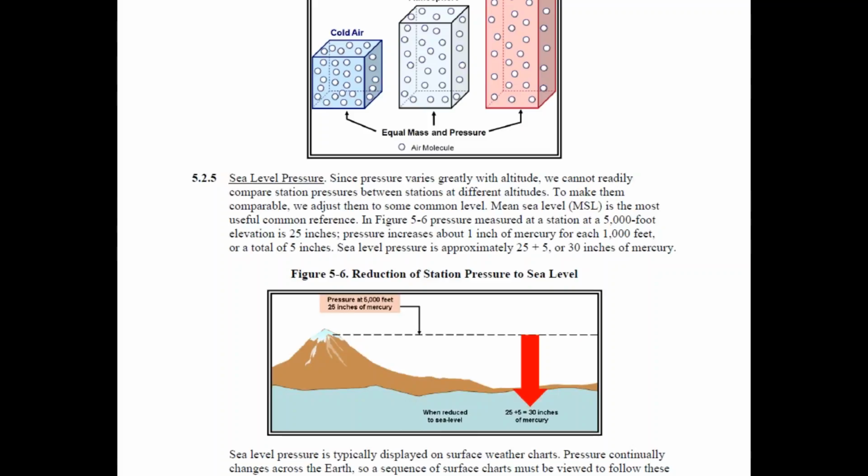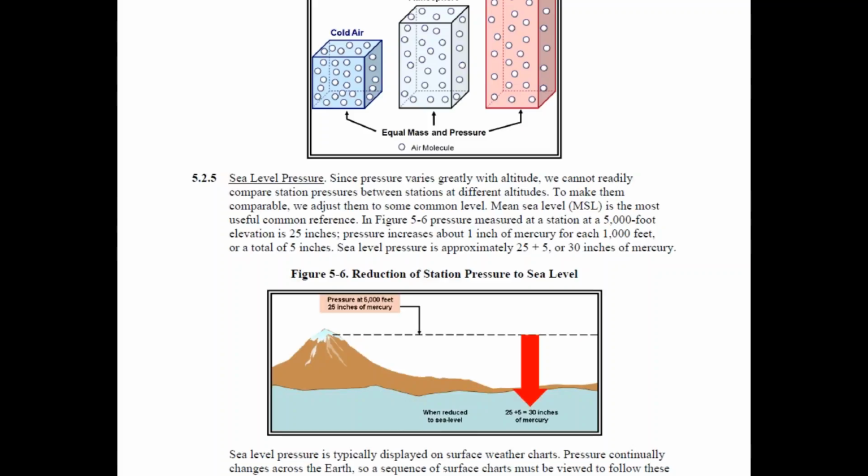It kind of goes back to that same thing. Temperature decreases by 2 degrees for every 1,000 feet. Pressure increases 1 inch of mercury for every 1,000 feet, for a total of 5 inches.